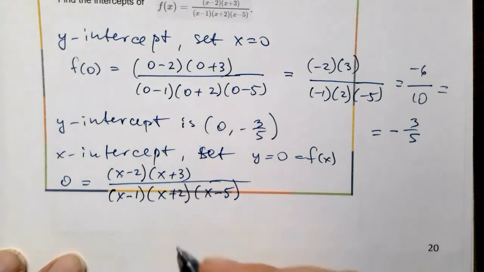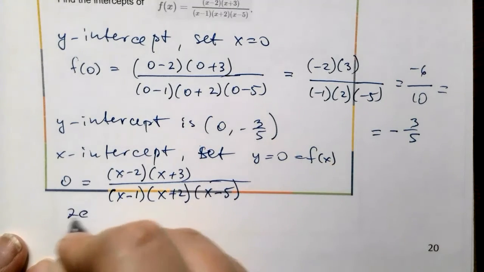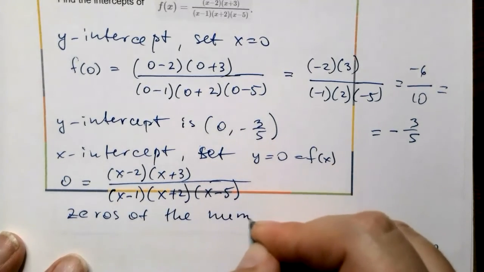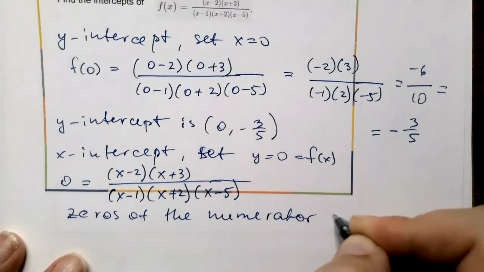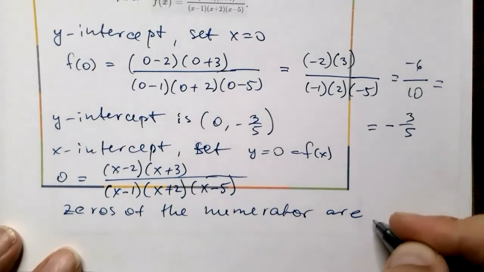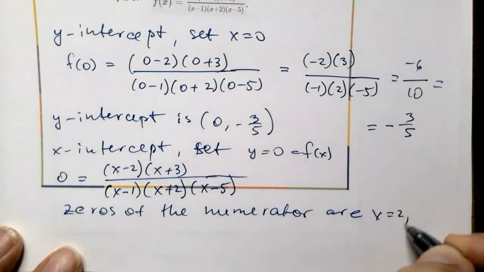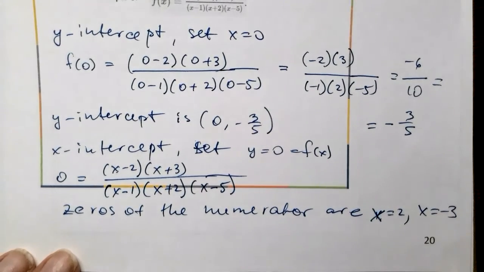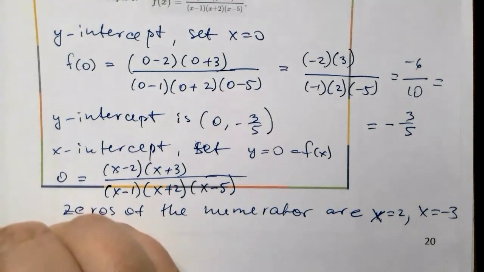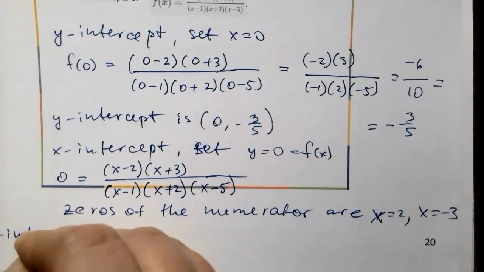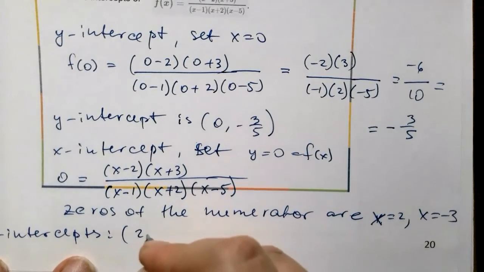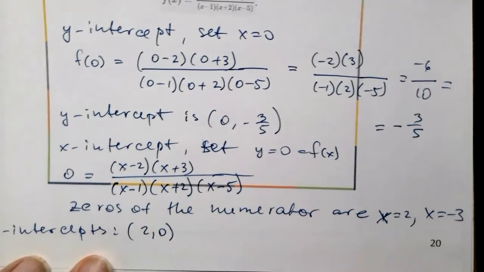So the zeros of the numerator are x equals 2 and x equals negative 3. Those are our zeros of the numerator. So the x-intercepts are 2, 0. Remember, those are points.